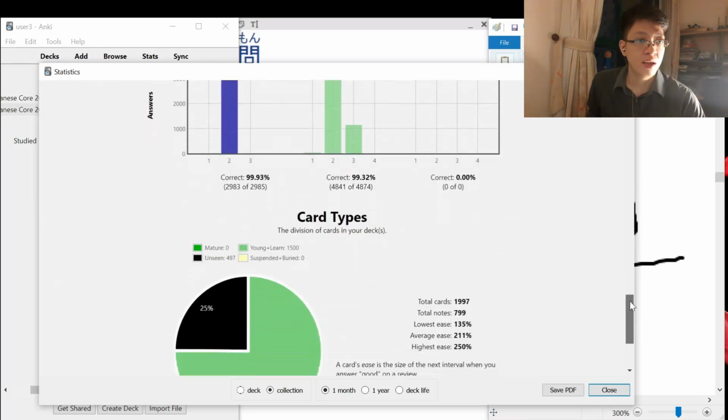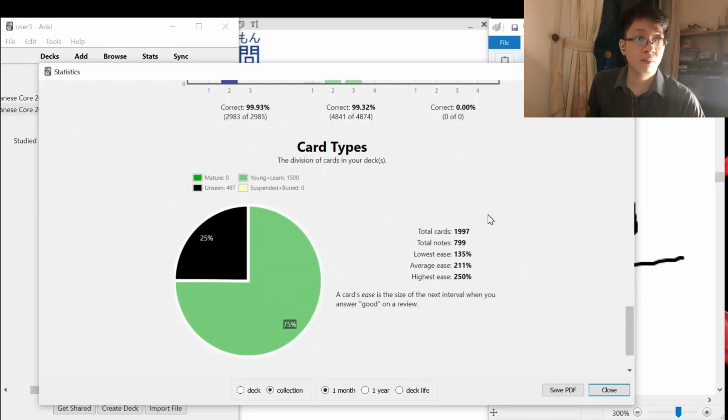And finally, card type. So in the collection, there's a total of, let's say, 2,000 cards at the moment. We have learned 1,500, and then we have not learned 500. Okay, that makes sense. So 50 new cards every day.